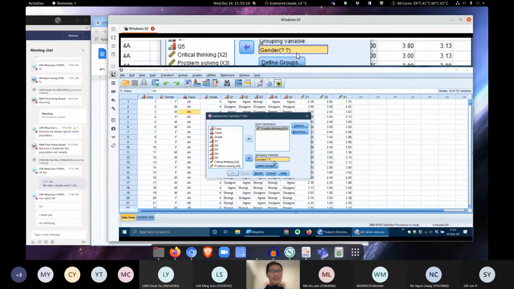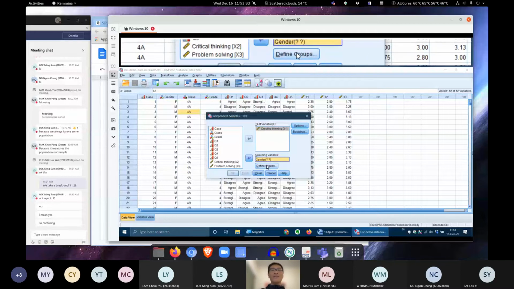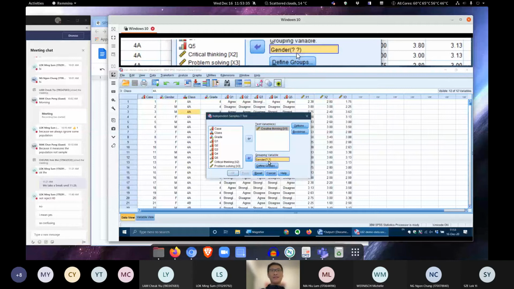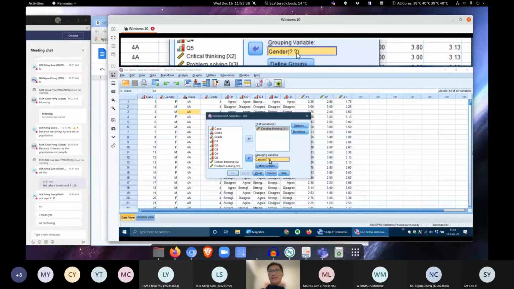And SPSS does not know what groups you have in the gender variable. Okay, it doesn't know that they are only male or female. You have to tell SPSS what values you are using. So the way for you to fix this, you see you have the two question marks here because it doesn't know which two groups to compare.